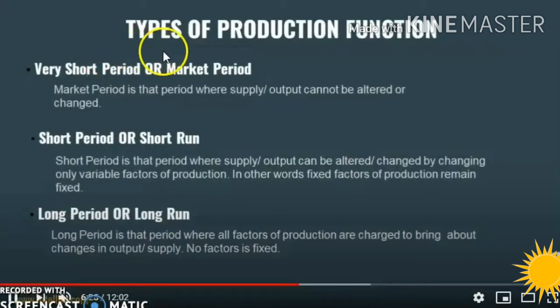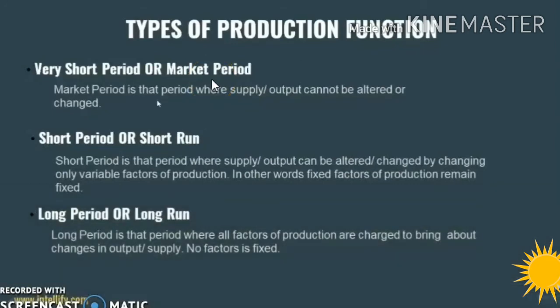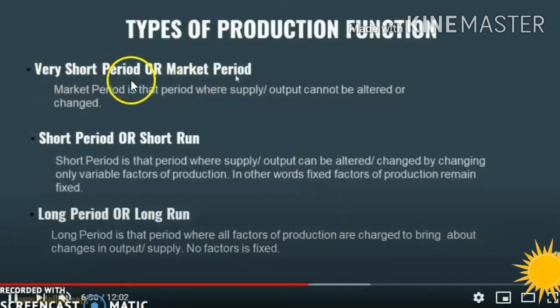Next, types of production function. There are three types: very short period or market period, short period or short run, and long run or long period.